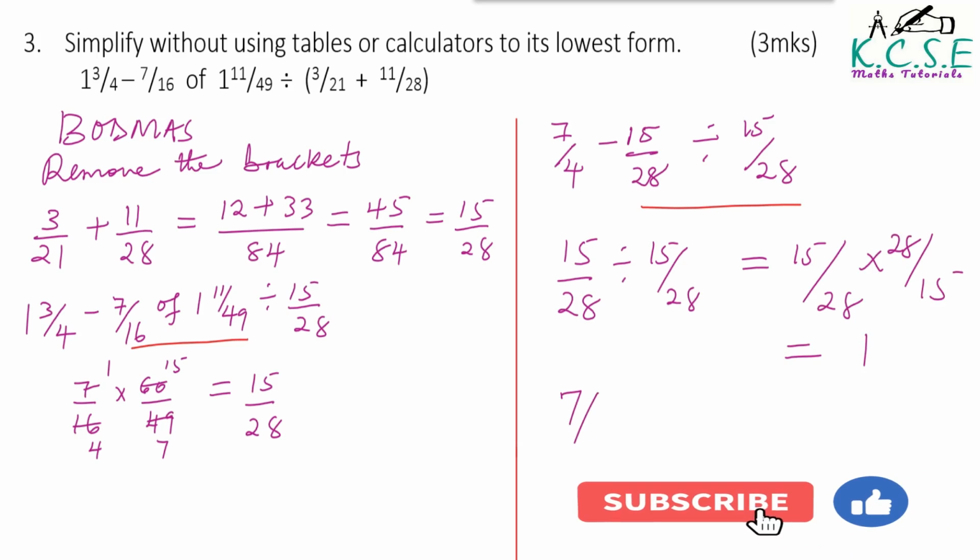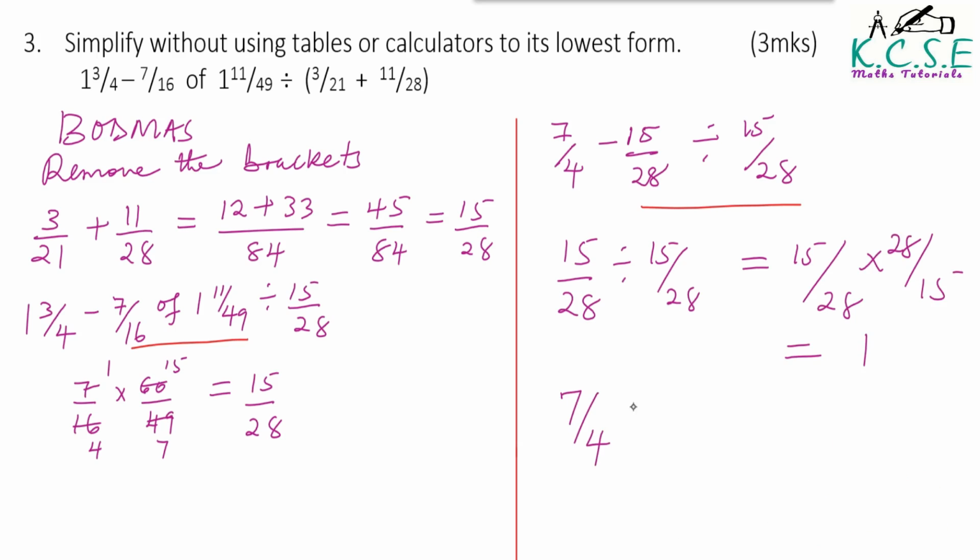Now you have 7 over 4, then subtract the solution you've got there, which is 1. 7 over 4 is the same as 1 and 3 over 4. Then subtract 1, and this gives 3 over 4 as the final solution.